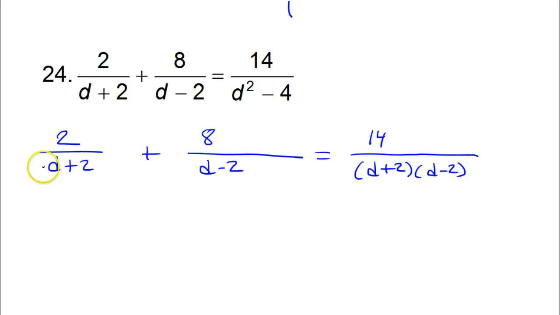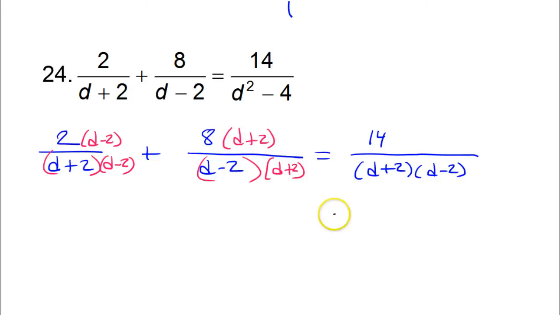So to make the denominators the same, I see this denominator has both d plus 2 and d minus 2. So I can make this denominator the same if I multiply by d minus 2. Have to do the same thing to the numerator though. Now here I have a d minus 2, but I need a d plus 2. Alright, also the numerator. Now my denominators are the same.